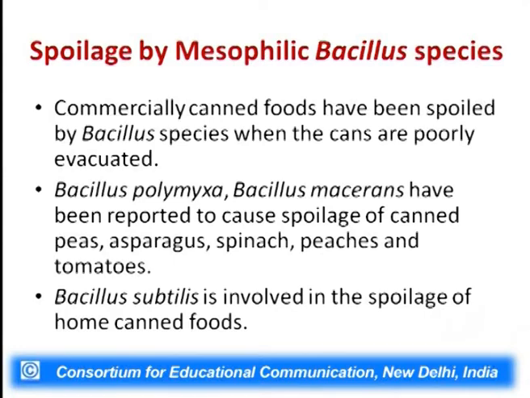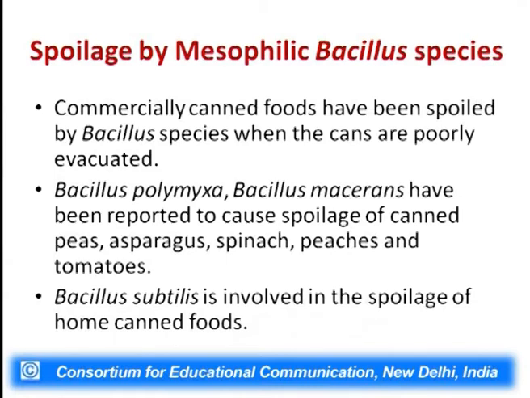Commercially canned foods have been spoiled by Bacillus species when the cans are poorly evacuated. Bacillus polymyxa and Bacillus macerans have been reported to cause spoilage of canned peas, asparagus, spinach, peaches and tomatoes.